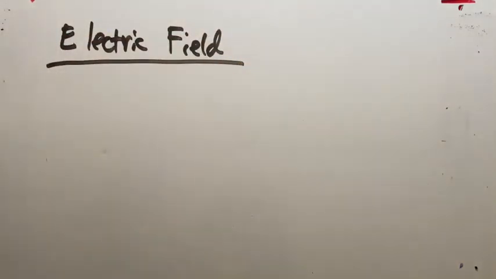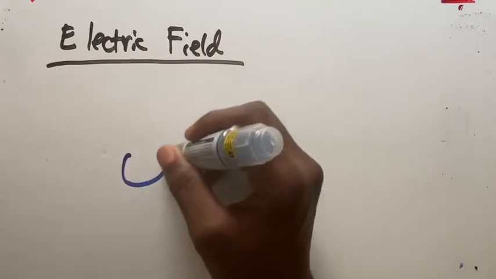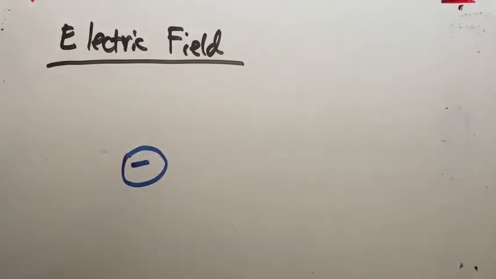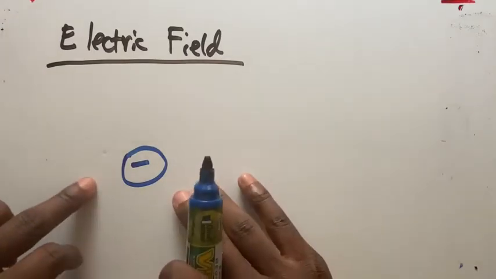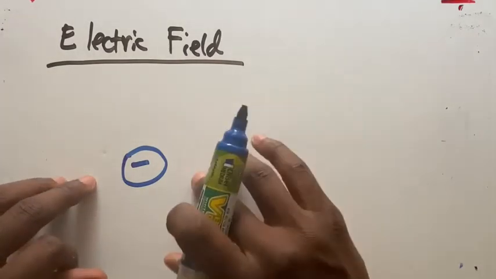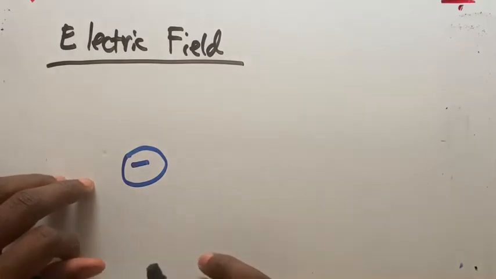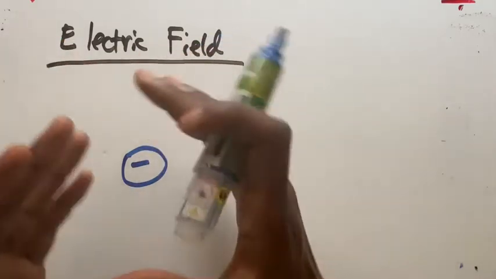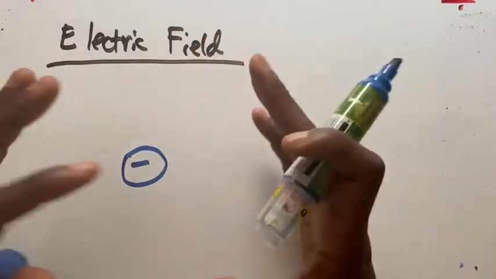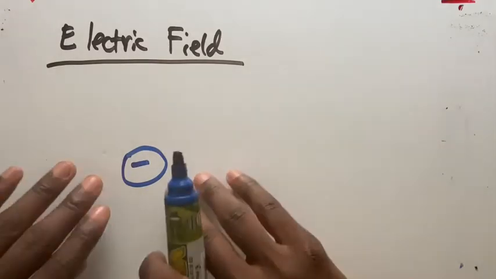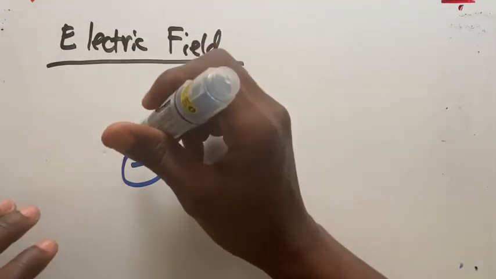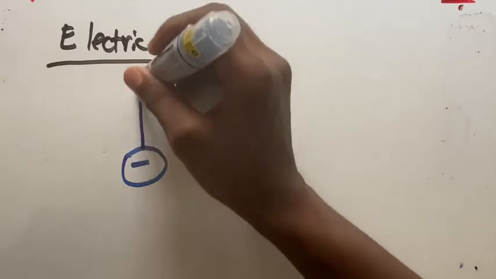If we have an object that is negatively charged, just floating there by itself in space, this object has some electric field associated with it, meaning that around it is some type of invisible field that we can't see, but we know it has, and we draw it like this.